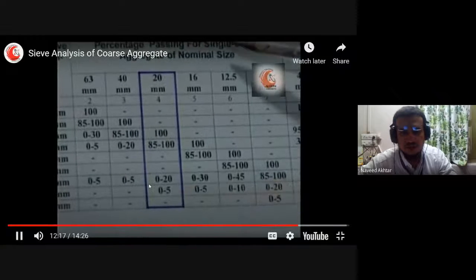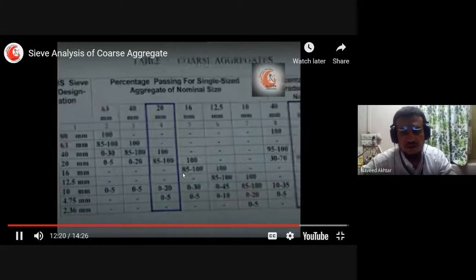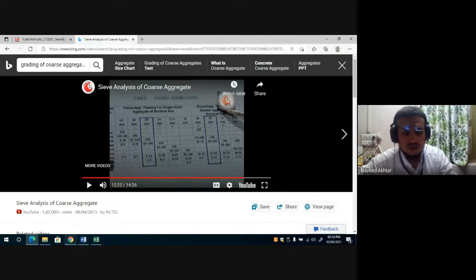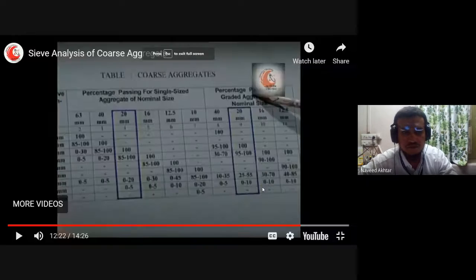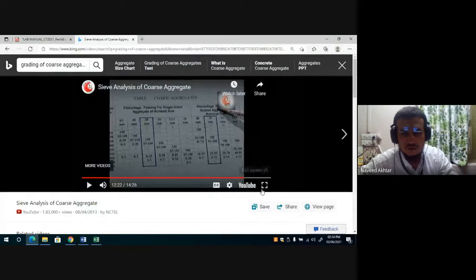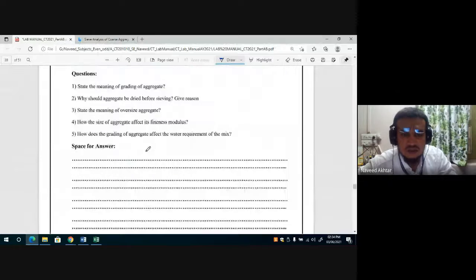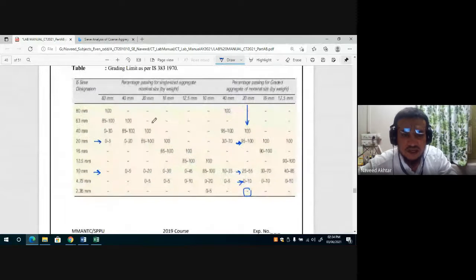These are the percentage values for single size and for graded aggregate. These two tables I have attached with your manual also. In your manual, this table I have given for single size 20 mm aggregate, what the percentage will be, and for graded aggregate what the percentage will be.